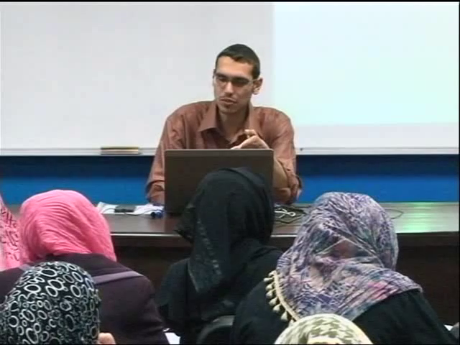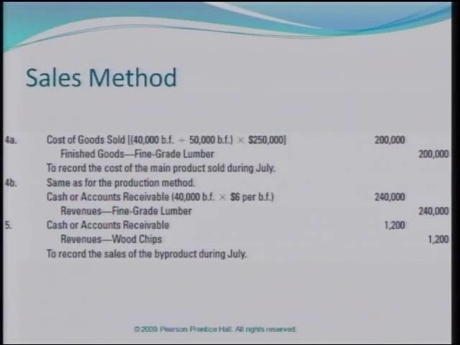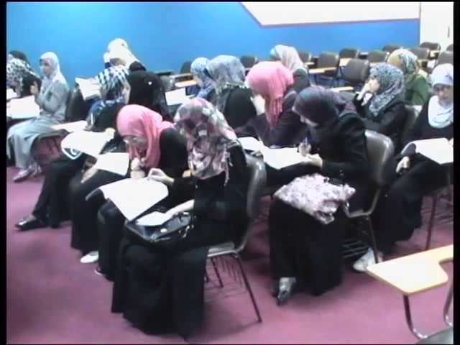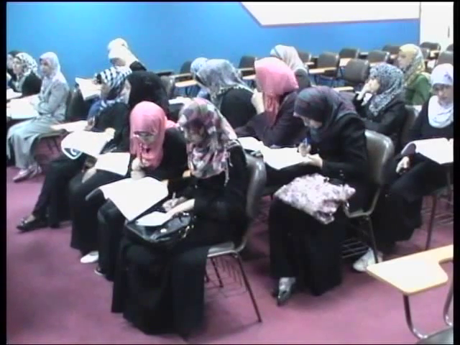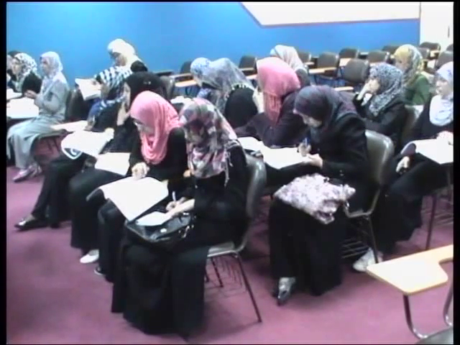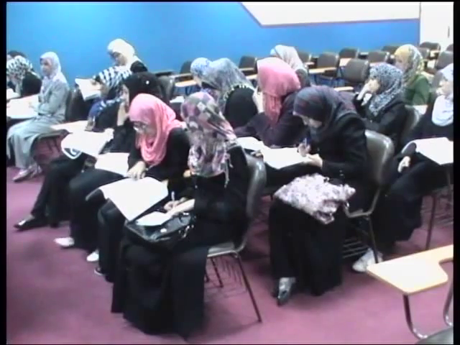Of course, the amounts here are different. As we can see here, we have 200,000 and 240, while in the production method, we had 196,800 and 240. So why is the cost of goods sold different in the two methods? Excellent.